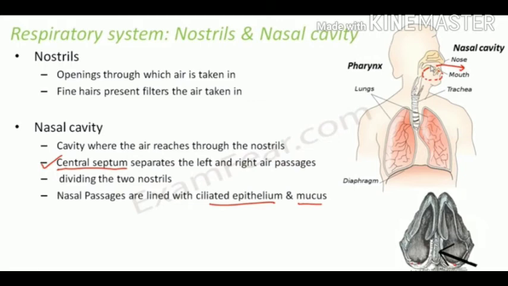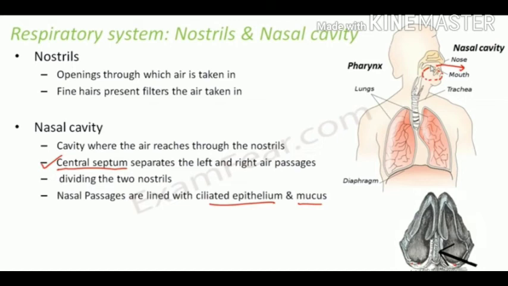After that, the nasal passages are lined with ciliated epithelium and mucus. What is ciliated epithelium? It is the epithelial tissue which is lined with cilia. Actually, what are cilia? They are fine hair-like structures, and it is also lined with mucus. Now what is mucus?